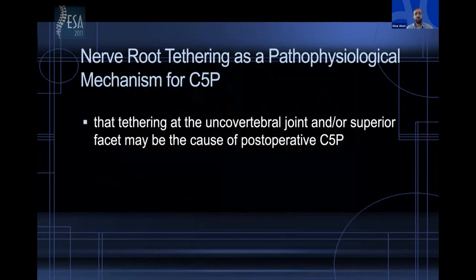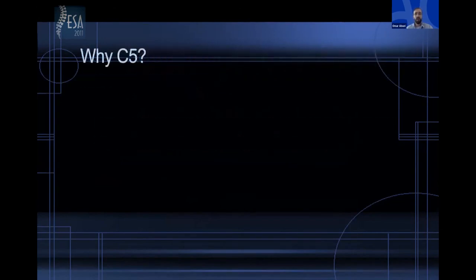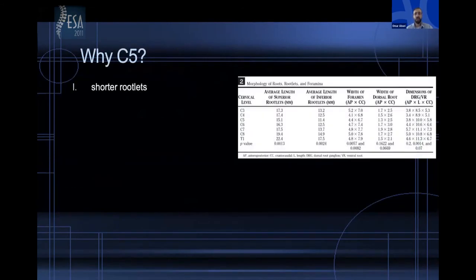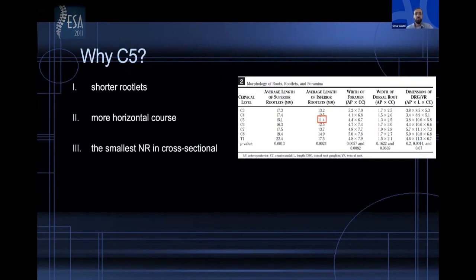So the most common pathological mechanism for C5 palsy is the tethering of the C5 nerve root. But why C5 by itself? Because it has shorter rootlets. As you can see here on the right side table, the shortest nerve root of all the cervical spine is C5, and it has a more horizontal course and the smallest nerve root in cross-sectional study.